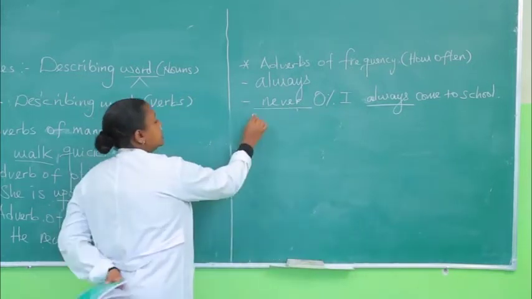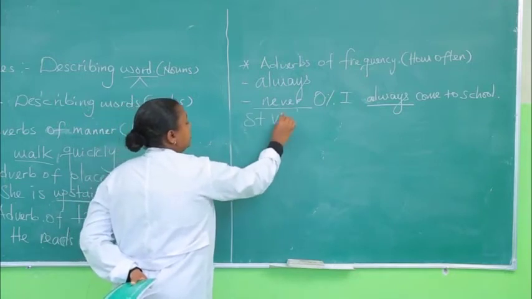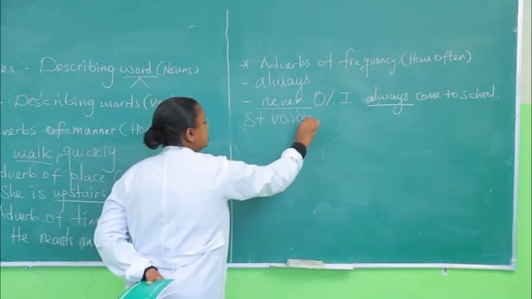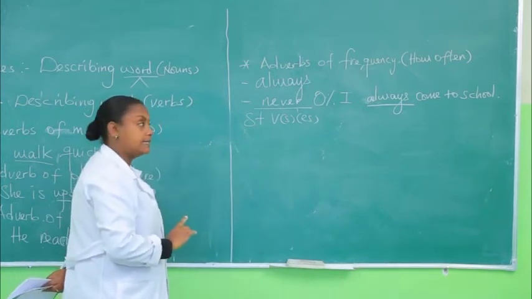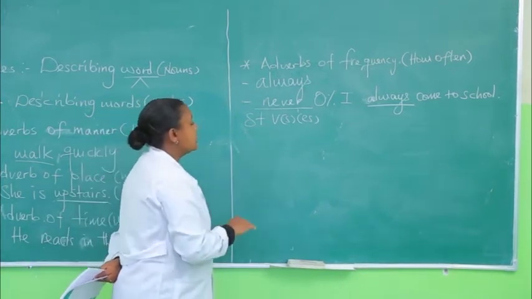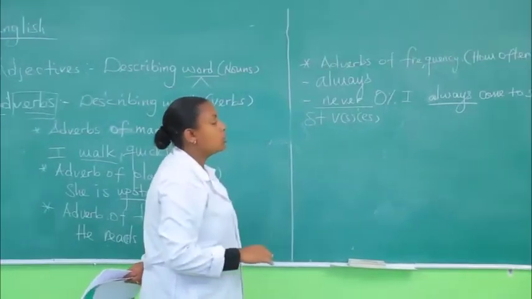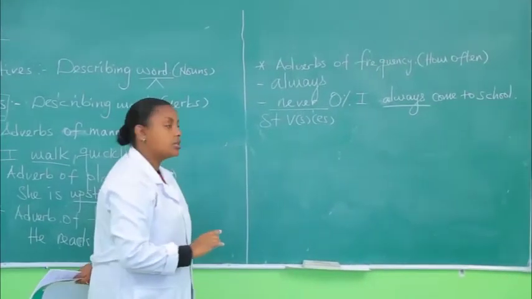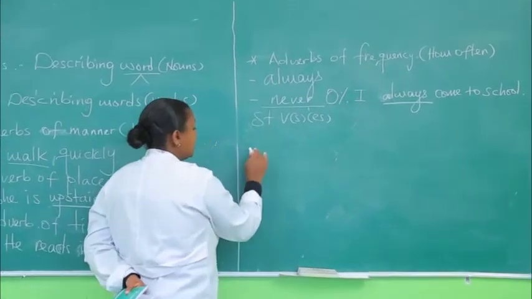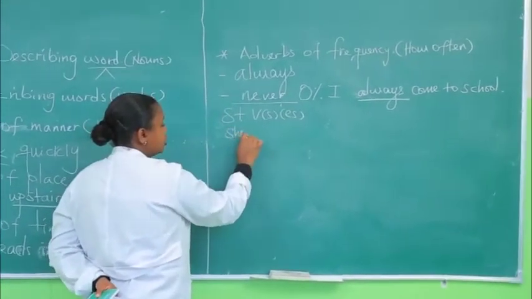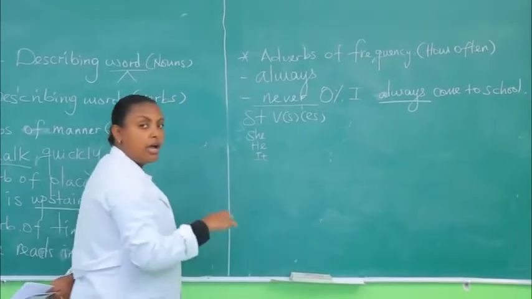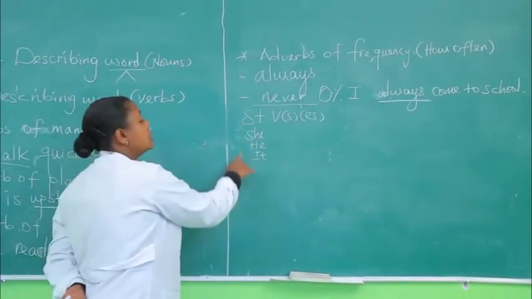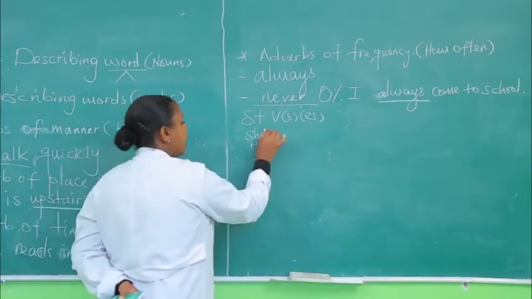We said subject plus verb with s or es. Remember this. This is the form of simple present tense. So this simple present tense with adverbs of frequency, it is always used. Singular subjects we have like she, he, it. I wrote them as pronouns, but you can use it with names or nouns.